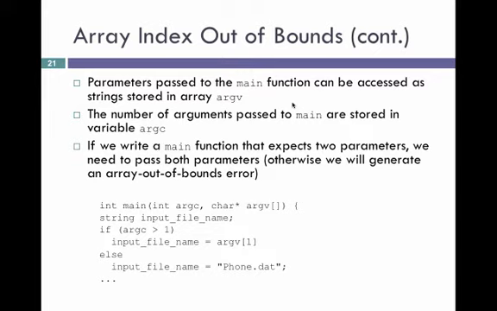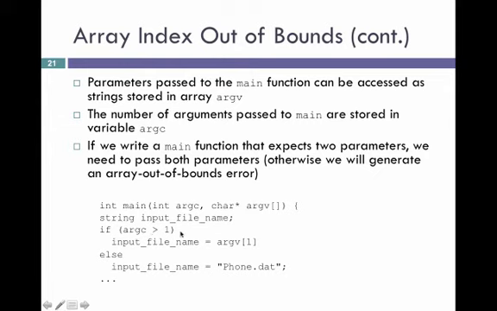So if we write a main function and we expect to pass a file name as a parameter, then we'll expect argc to be set to 2. That includes both the name of the file that's executing and the file name that we enter on the command line. So here we're doing a condition to make sure that argc is greater than 1.